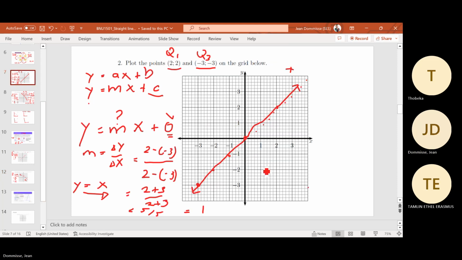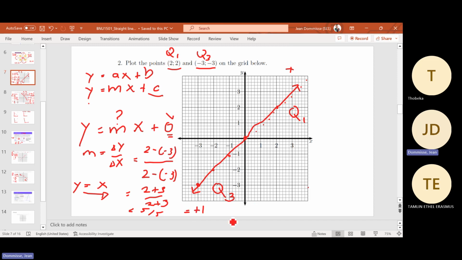If your points are in the first quadrant and third quadrant, because it's positive, you will see that it has a positive slope.